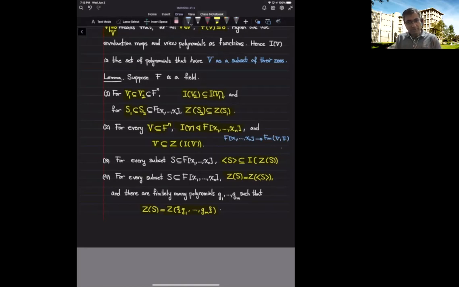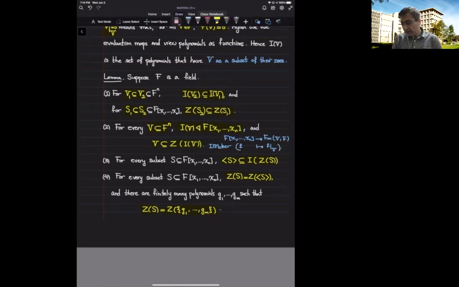The way we are defining I of V is precisely the kernel of this map. I give you a polynomial, you think about it as a function and restrict it to V, and the kernel of this map is I of V. So clearly, it's an ideal of the ring of polynomials.